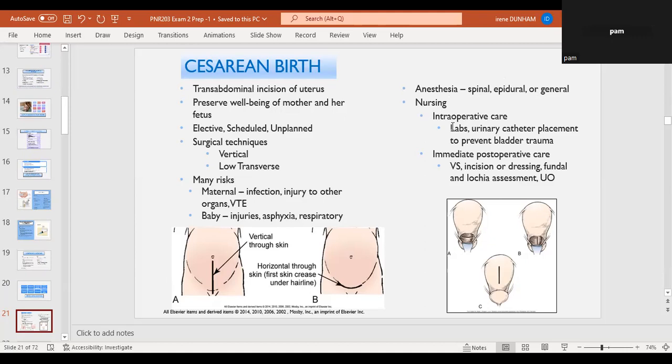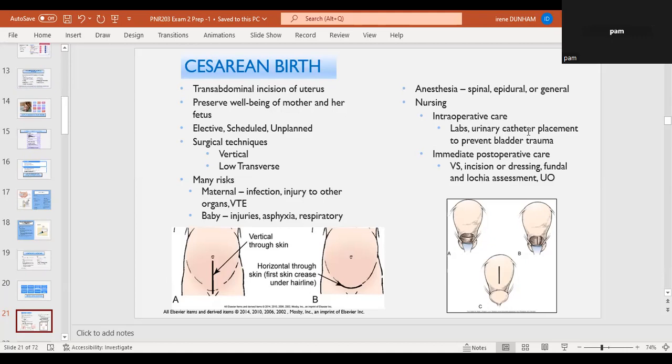Now nursing. This is what we call intraoperative care. Before she goes back to the operating room, we're going to get her labs. I want to know her CBC, get a UA and coagulation studies. I want to know her platelets before I operate on this lady.